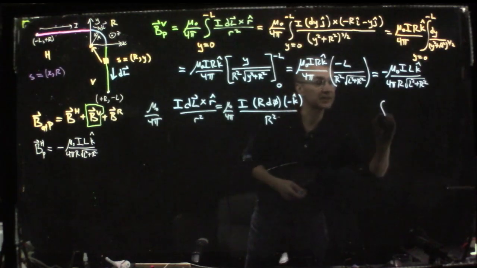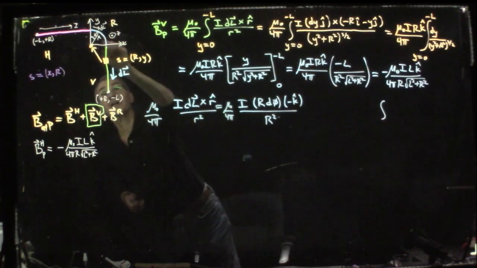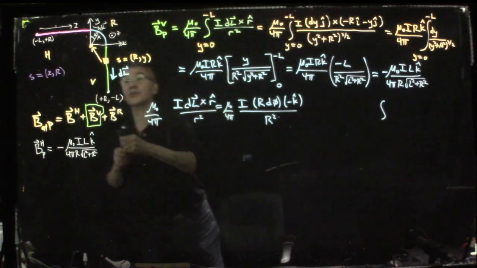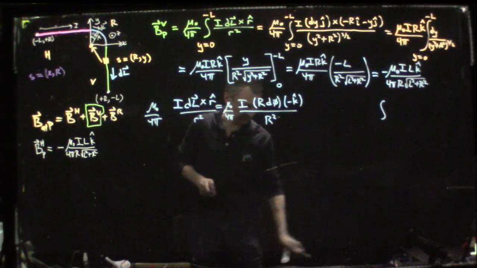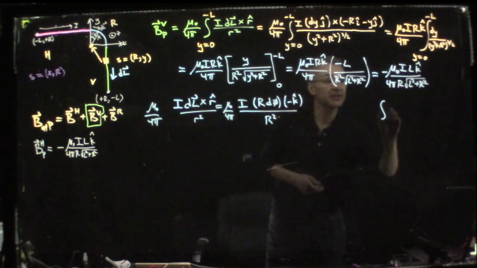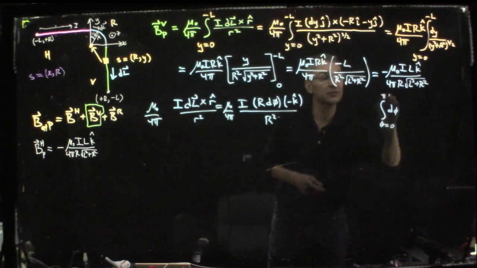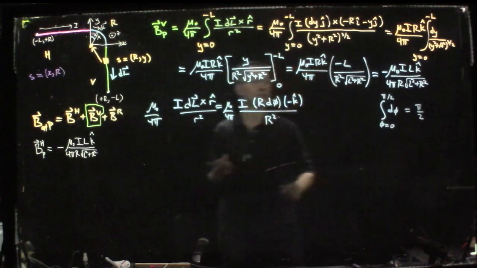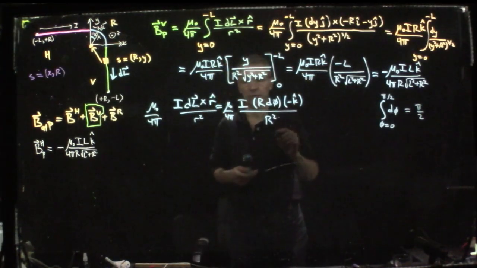I'm going to call this angle phi, the angle from the vertical. So we have the integral of d phi from phi equals 0 to pi over 2, which just equals multiplying by pi over 2. That's a trivial integral.